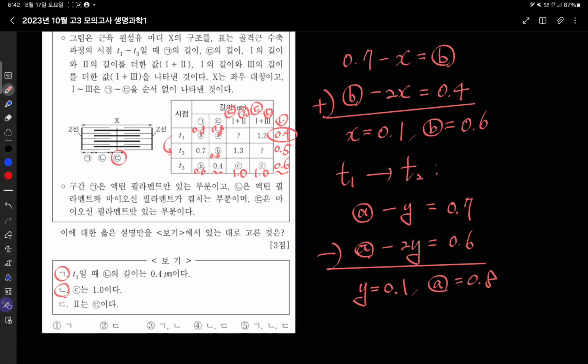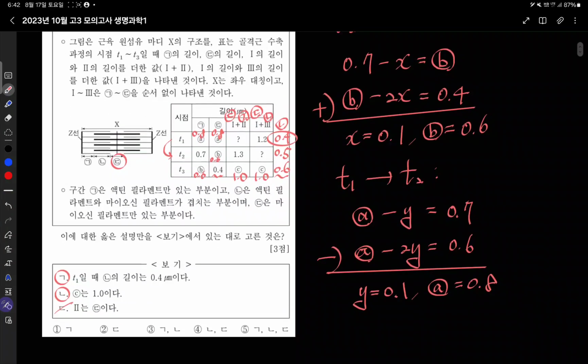And the second statement is also true. The value of C is 1.0. And the third statement is not right. The Roman numeral 2 indicates the first part, not the third part. So the answer is the choice number 3.